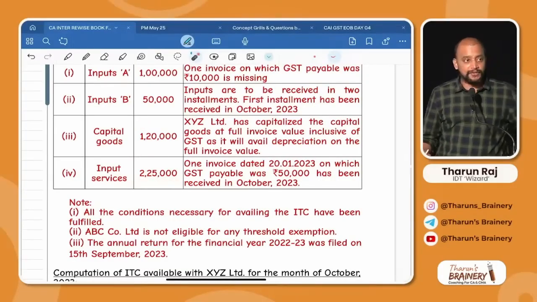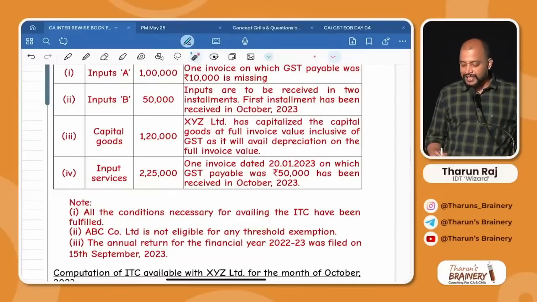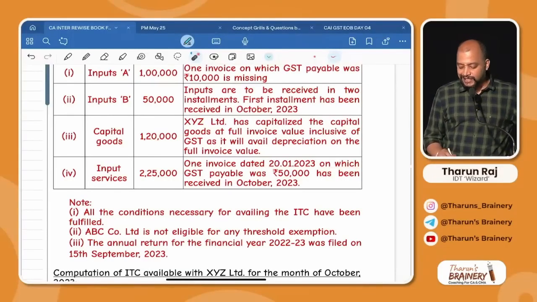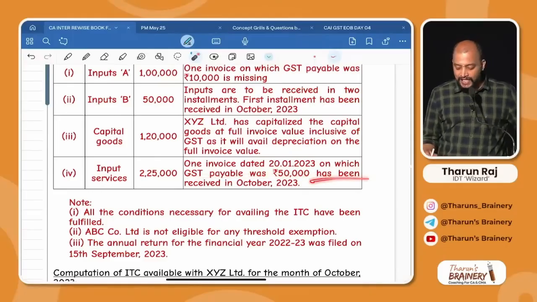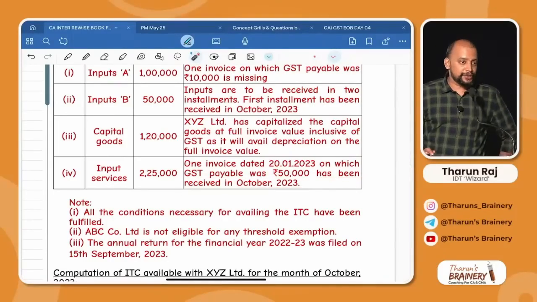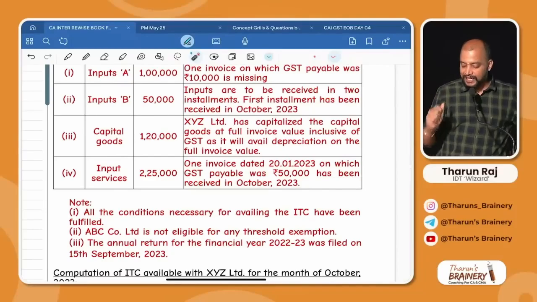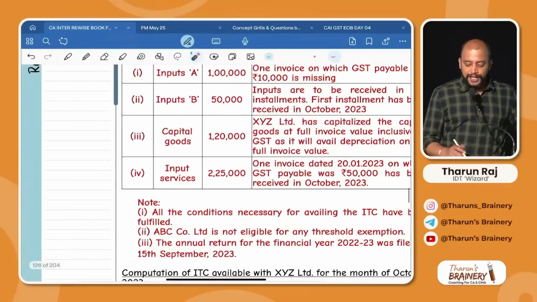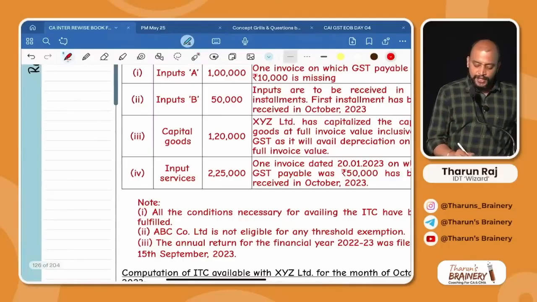Input service 2,25,000. One invoice dated 21/2023, on which GST payable was 50,000, has been received in October 2023. Now carefully listen. What is the date of the invoice? 21/2023. What is the financial year? Financial year 2022-23.